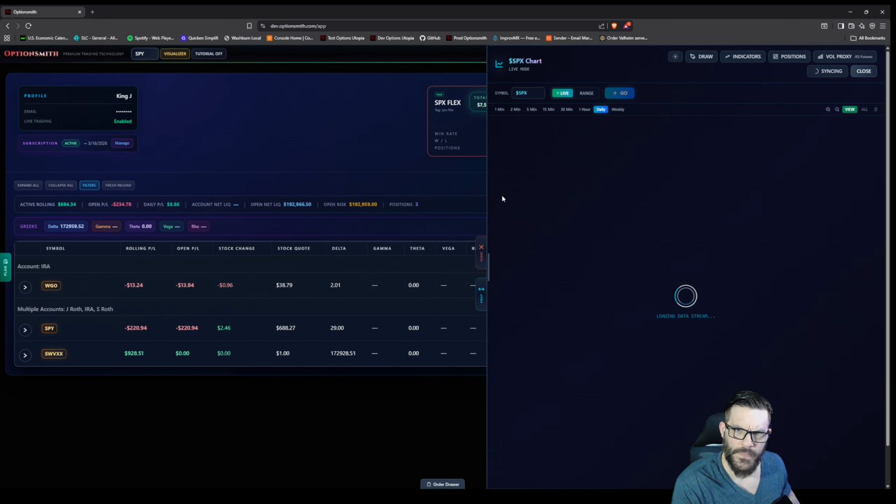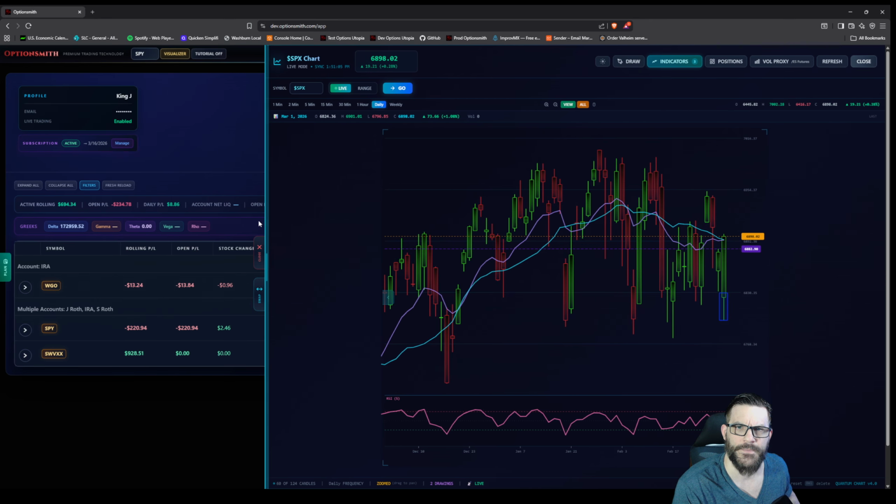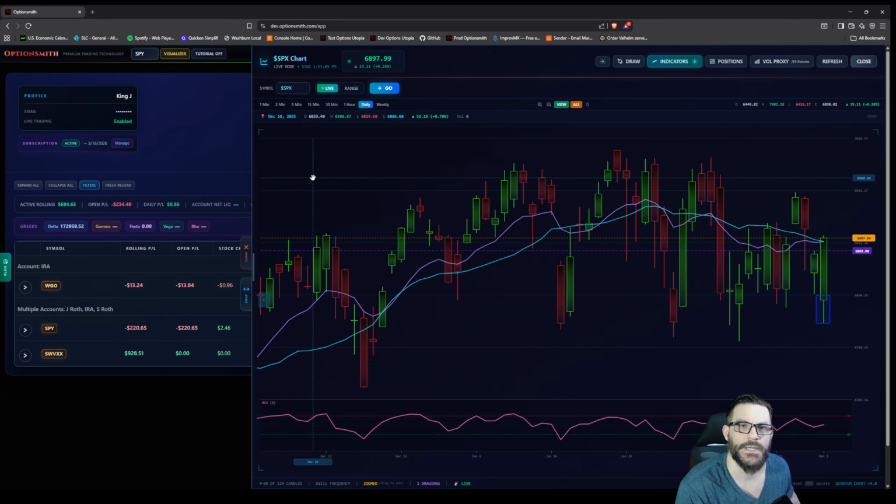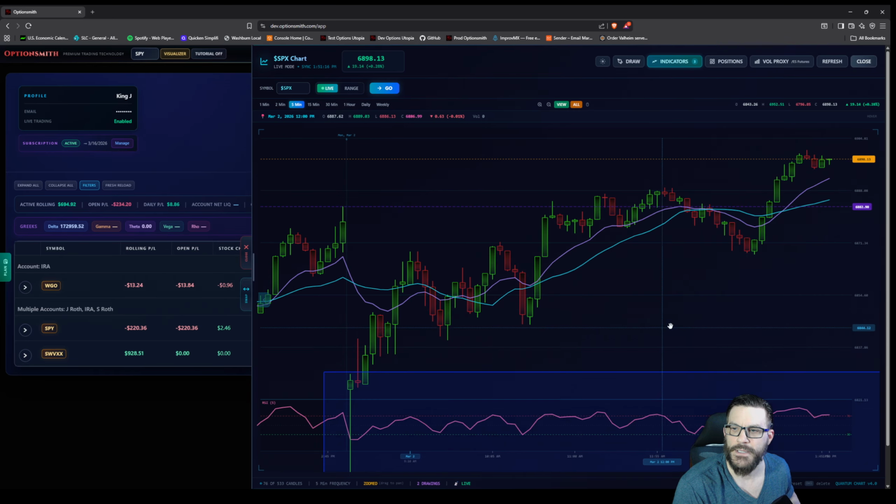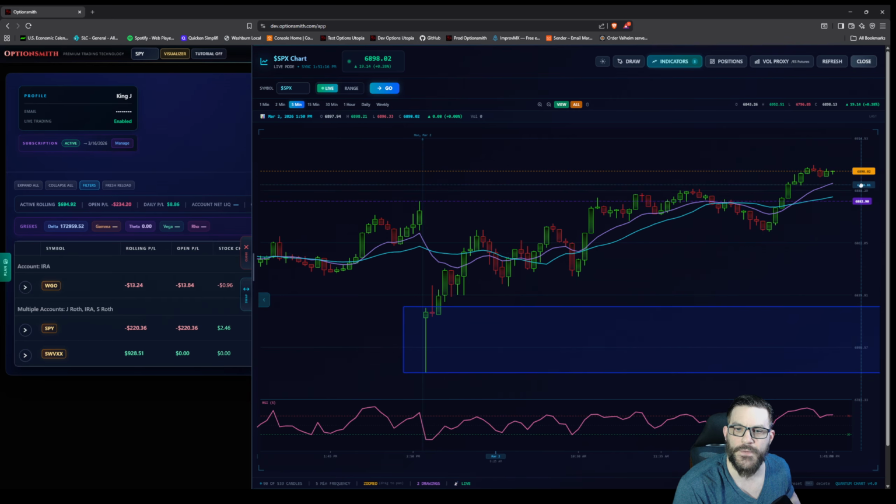So if you've been following my trading plan, what I do every morning is I go on to SPX, and this is the chart that we have now in Optionsmith. I look at the 5-minute. And so when the market first opens, I watch this 5-minute candle and I create an opening range around that candle.